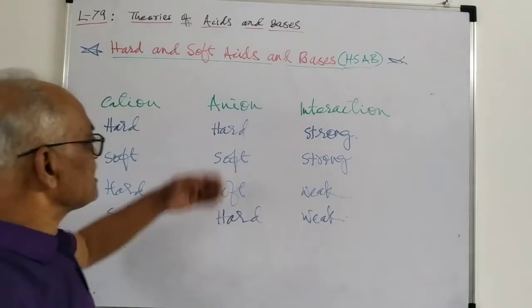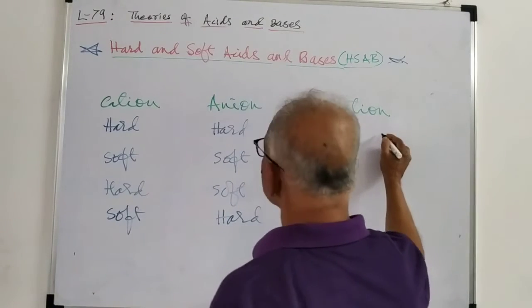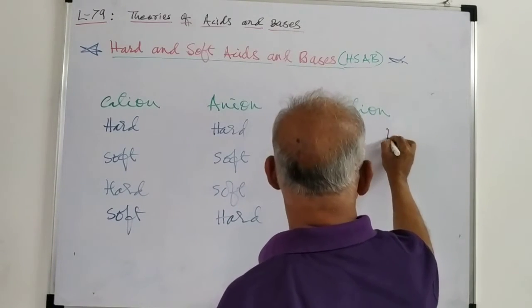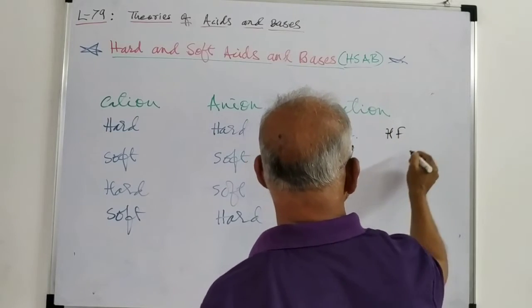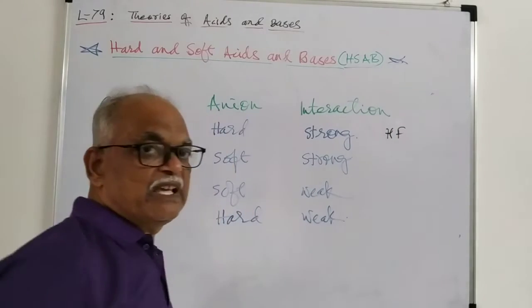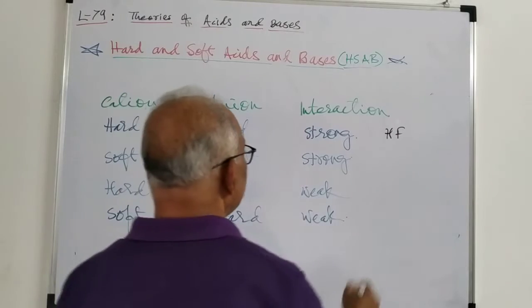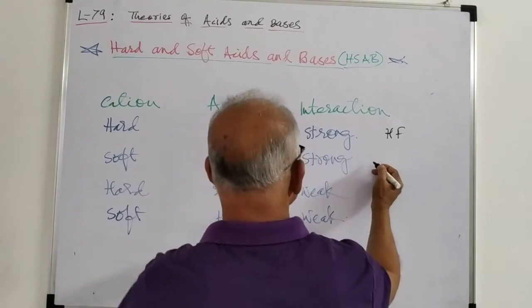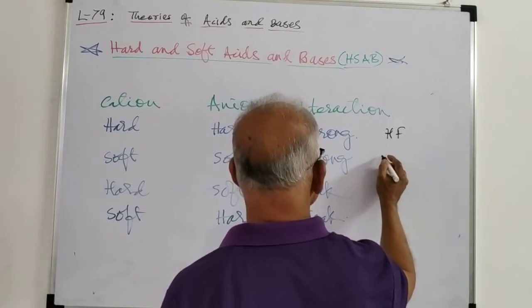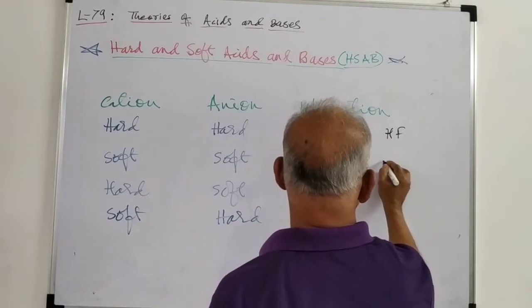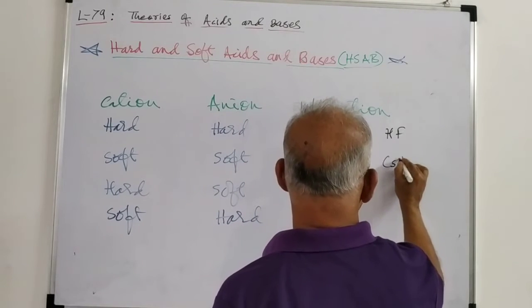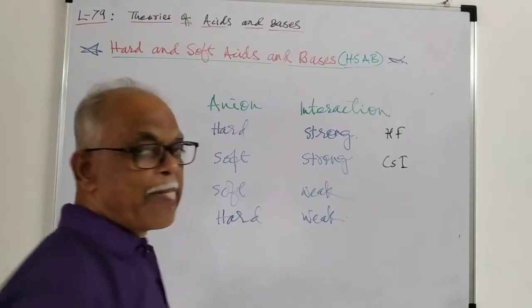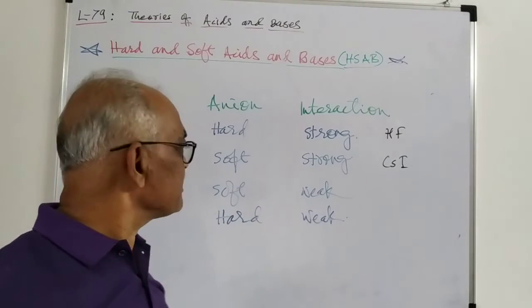So for the hard-hard interaction we will consider the example of, say, HF, as we have seen earlier. Then for the soft-soft combination we will see the interaction in cesium iodide. We have taken another example.